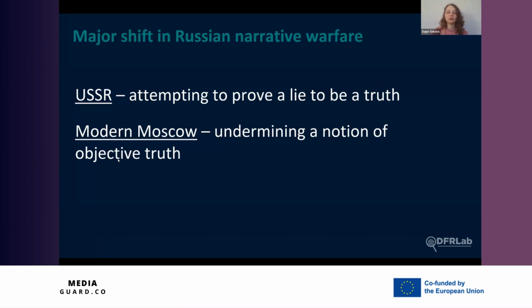In this era, in modern Moscow, there is a strategy to undermine the notion of objective truth, and using dozens of opposing narratives is one of the tactics to do that. So modern Russia does not really attempt to push one certain narrative, but pushes many, many narratives so that citizens are exhausted by them and it is harder to identify truth.